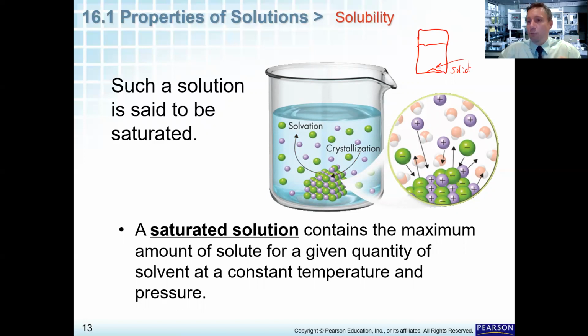It can't hold any more, so therefore it's in a dynamic equilibrium with the solid solute that is on the bottom. So saturated solution, that's a clue. When you see particles on the bottom, that tells you it's saturated. It cannot hold any more of that solute at that particular temperature.